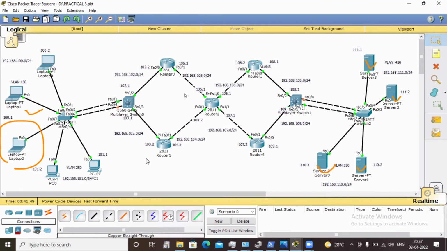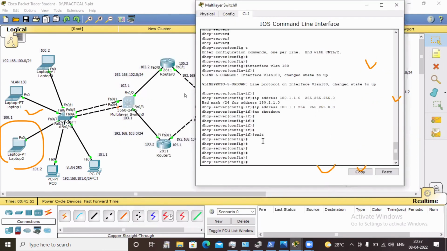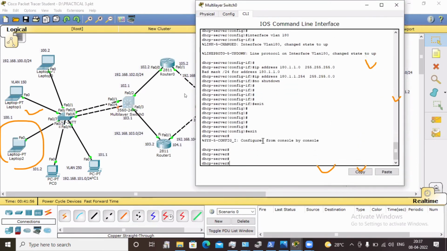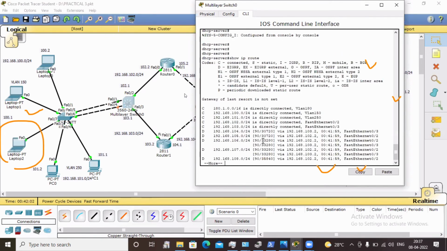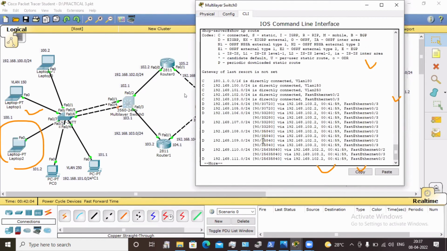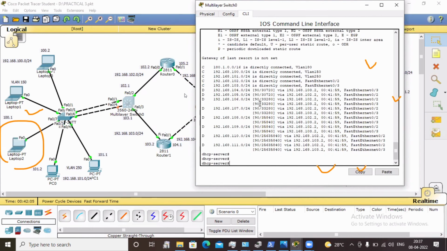You can give the show IP route command on the multi-layer switch. See whether that network information is there or not.